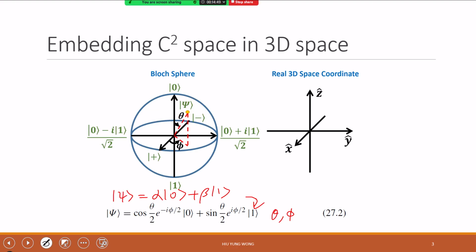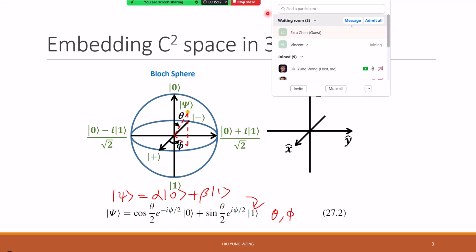Because of this, we map it into our 3D space, and that's why we say we embed the C2 space in our real 3D space. And with this, we have some meaning for the XYZ, because after all, the complex space is not in our real 3D space. There should be no meaning for XYZ, right? But now we have this.